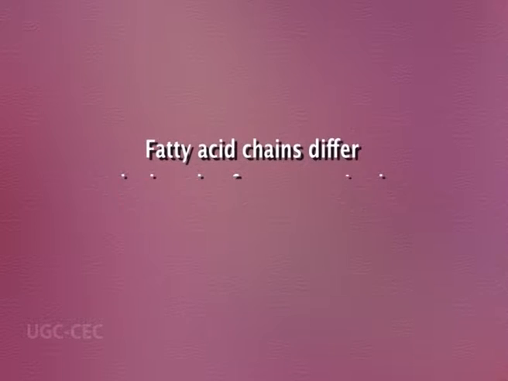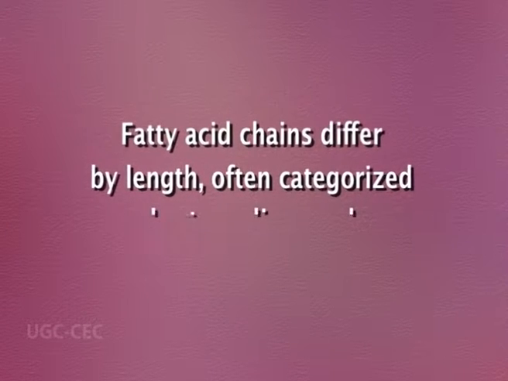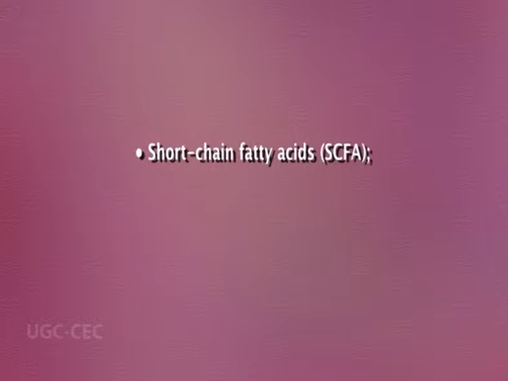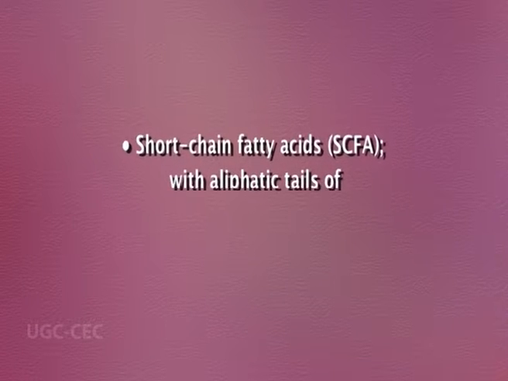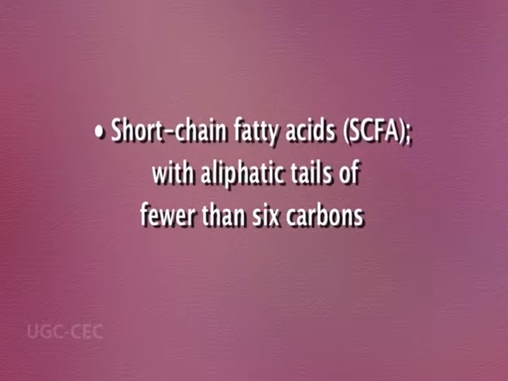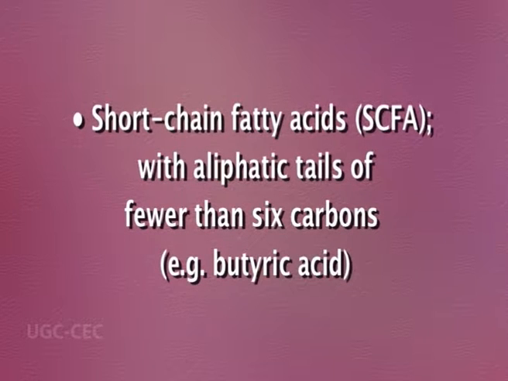These fatty acid chains often differ in length, categorized as short, medium, or long fatty acid chains. Short chain fatty acids have aliphatic tails fewer than 6 carbons long, for example, butyric acid.